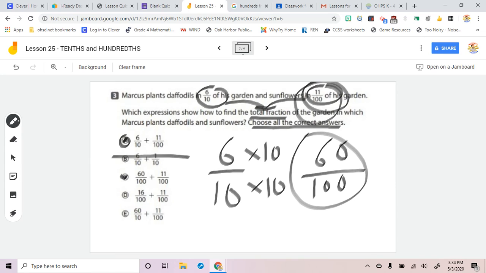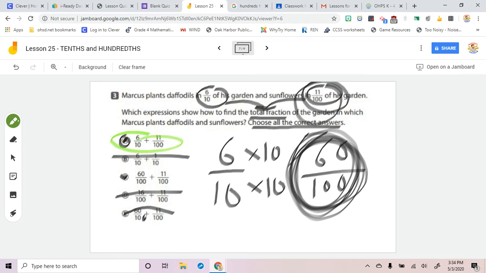No, because 6/10 is not the same as 16/100. It's the same as 60/100. And E, 60/10 plus 11/100. No, 60/10 would be way more than 1. It's 60/100, not 60/10. So can't be that one. So if you said A and C, good work.